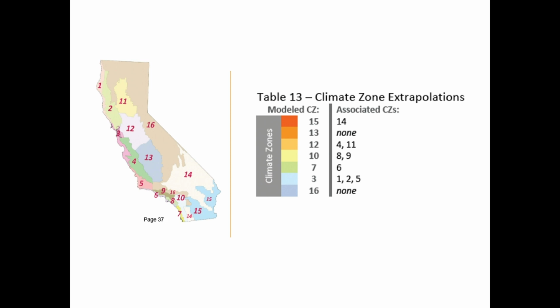You can kind of group them, but my point here, be it California or another part of the U.S. or the world, is that climate is a variation. So I'm pointing here to climate zone 7, which is San Diego.